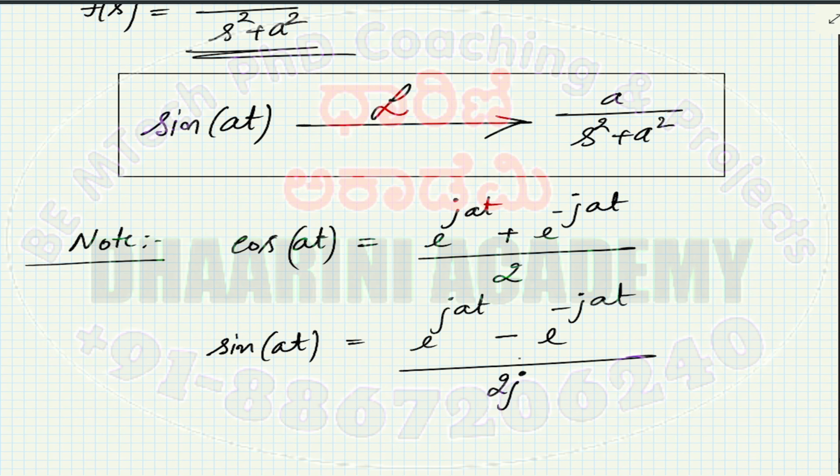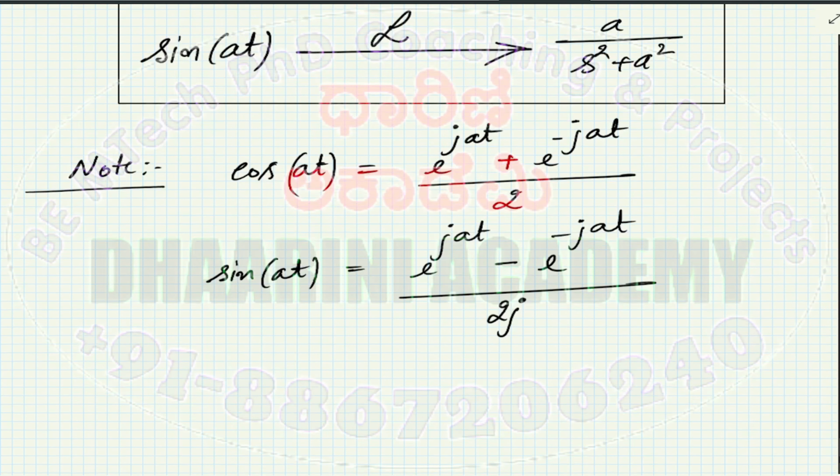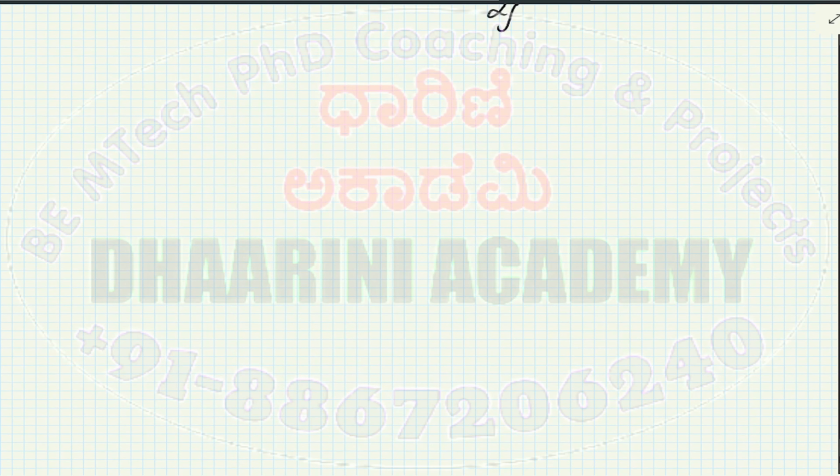So we can use these two as a substitution for sine and cos functions whenever we derive the standard Laplace transform of cos and sine as well. In both the cases, we are expecting the same answers that we got today by solving the standard integral. Okay, now let's proceed further.